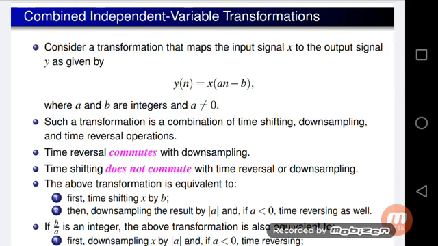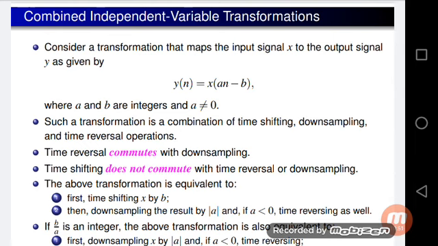Consider a transformation that maps the input signal x to the output signal y of n equal to x of an minus b, where a and b are integers and a not equal to 0.